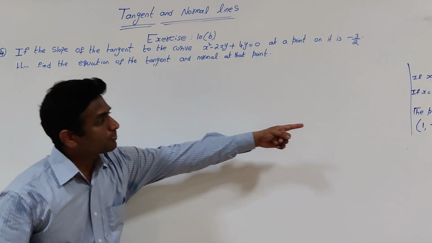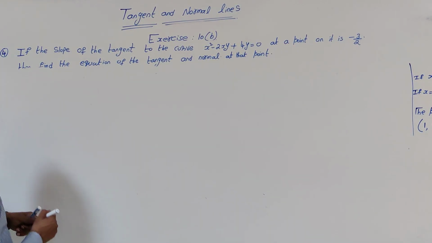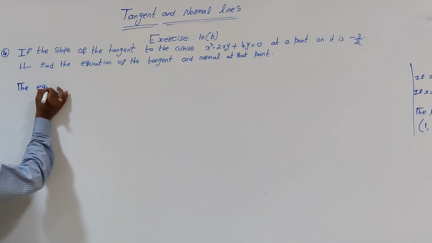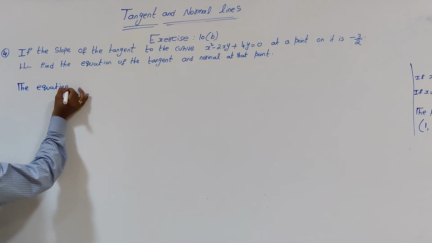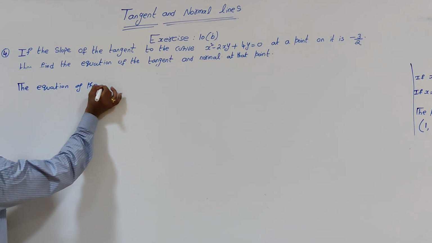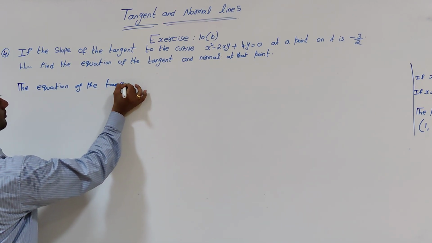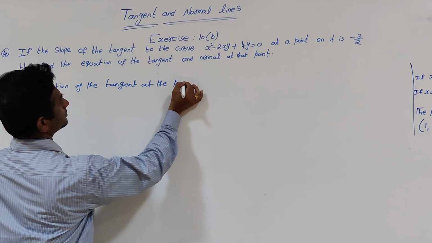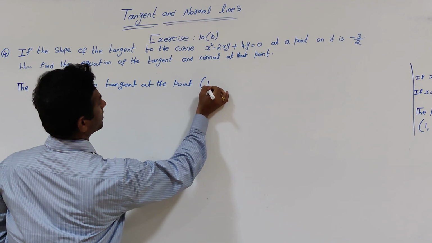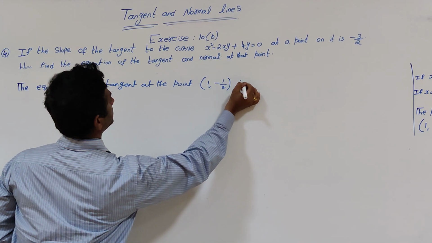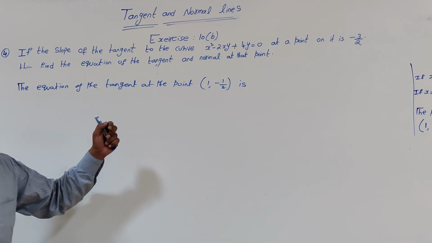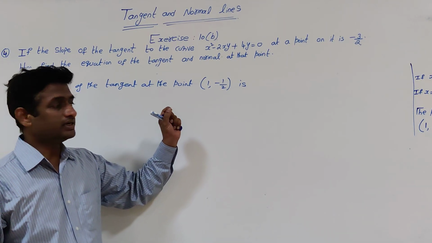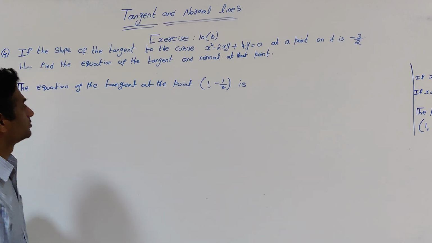So now, based on the points, we will find the equation of the tangent. The equation of the tangent at the point (1, -1/2) is y - y1 = m(x - x1), where x1 is 1 and y1 is -1/2.